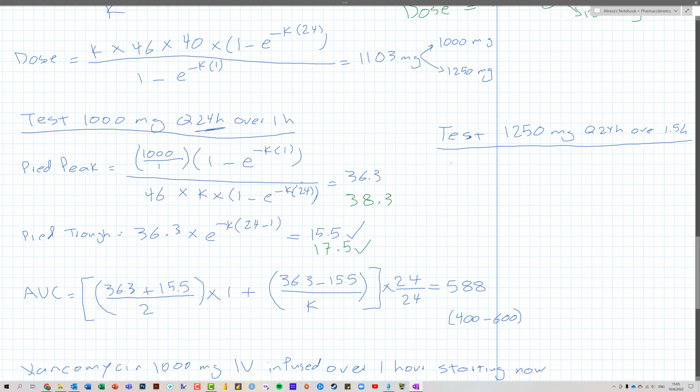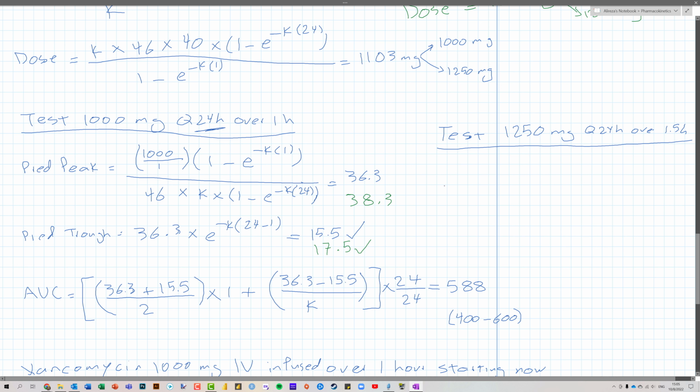Okay, now let's do it with the original blue K. So if you were to do this, your predicted peak would be something around 44.9, and your predicted trough would have been 19.5, which is again within your target of 15 to 20, but these are estimates and this is kind of borderline.